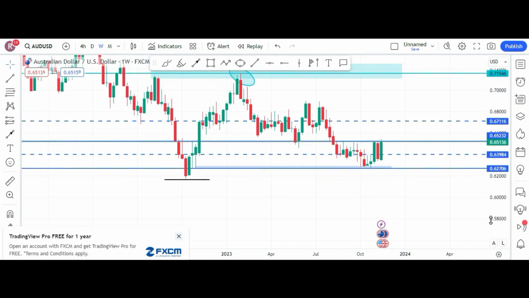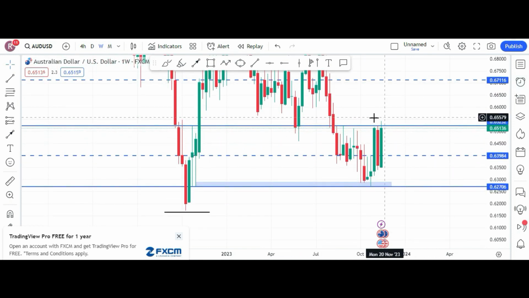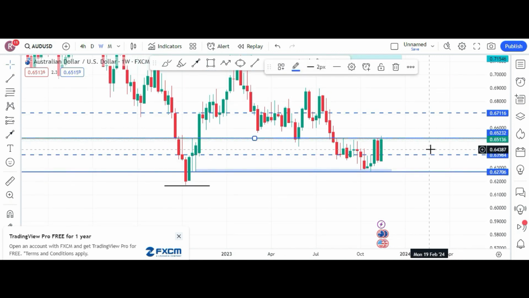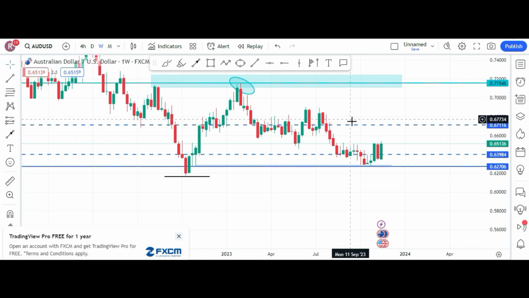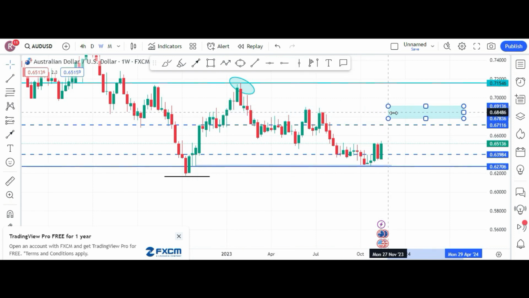Previously this was the double top of our weekly, but currently the weekly double top will be shifted here. So let's remove this daily double top. I would like to leave this for the time being. Let's change it later.